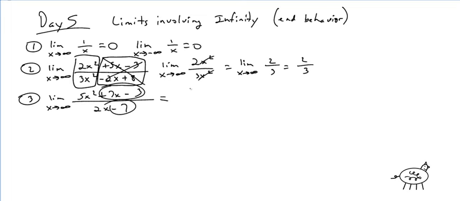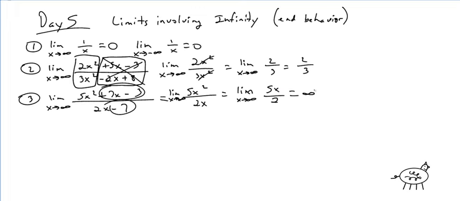I take the highest degree on top, 5x squared, and the highest degree on the bottom, 2x. I can rewrite that as the limit as x approaches infinity of 5x over 2. As x gets bigger and bigger, this goes to infinity.